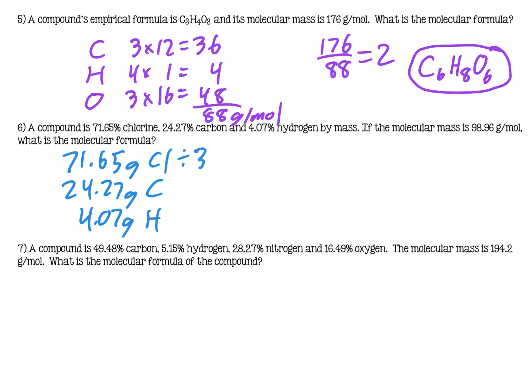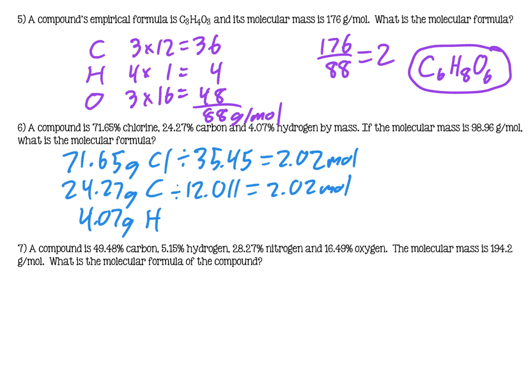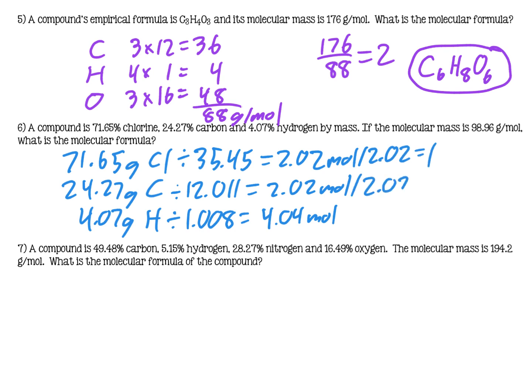So 71.65 divided by 35.45 gives us 2.02 moles of chlorine. 24.27 grams of carbon divided by 12.011 gives us 2.02 moles. Then 4.07 grams of hydrogen divided by 1.008 will give us 4.04 moles. To turn these decimals into whole numbers, we will need to divide by the smallest value, in this case 2.02. So 2.02 divided by 2.02 is 1. Repeat this for carbon, and then for hydrogen we have 4.04 divided by 2.02, which is 2.